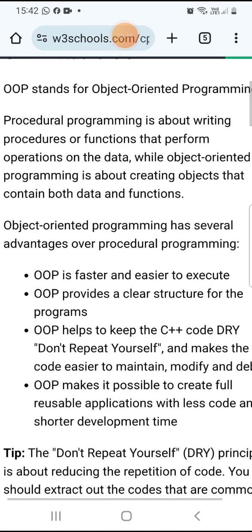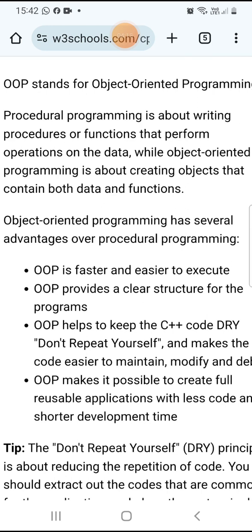As I told you, except C, those OOPS concepts are supported. C will not support object-oriented programming. C++ supports it, Java, Python, and so many other languages are there. Go language is there, Swift is there, Kotlin is there.